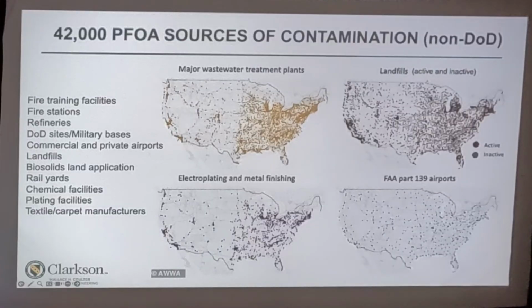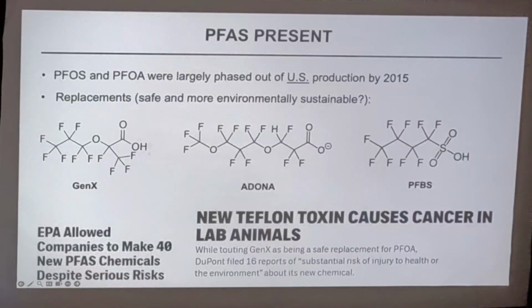So that's a big source to the wastewater treatment plants, and I'll talk about that in a minute. Airports, electroplating and metal finishing, they use PFAS to keep the plating baths from getting to the atmosphere, and wastewater treatment plants. Certainly a big source now.